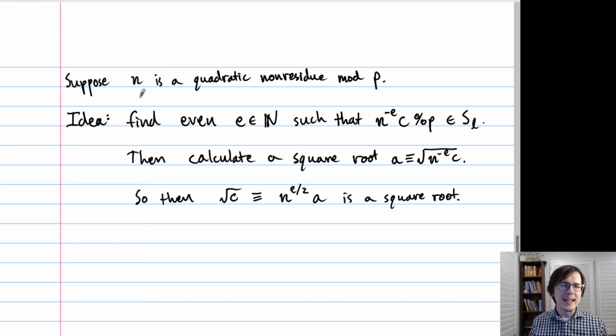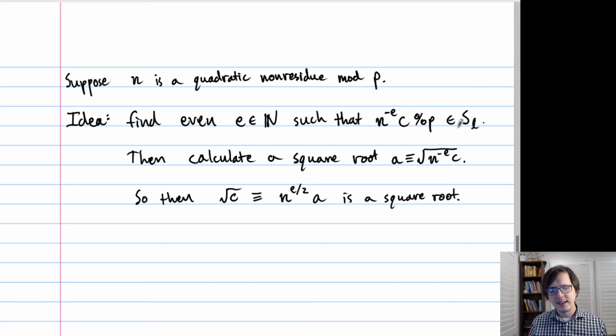Let's suppose n is any quadratic non-residue whatsoever. There's a reason for using a quadratic non-residue, and hopefully it will be clear a bit later. If we have one, the idea is we want to find an even exponent e such that n^(-e) c mod p is in S_L.